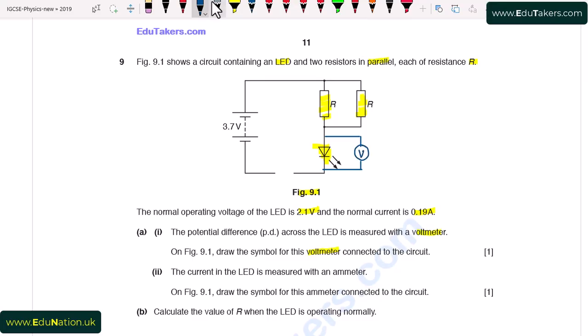It is represented by V. So in this way we can measure the potential difference across the LED.